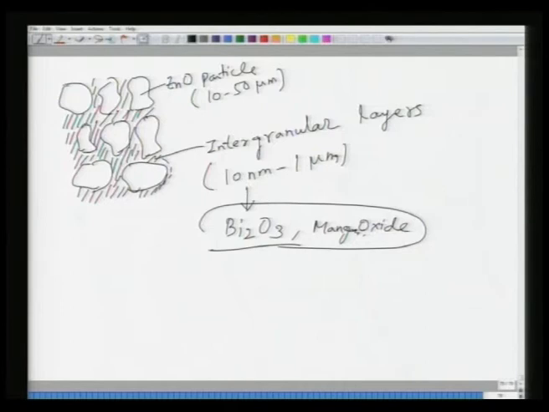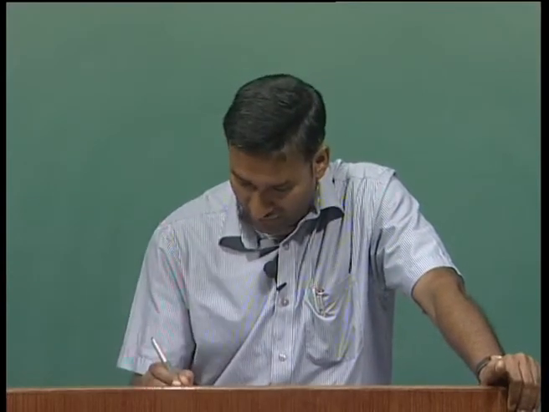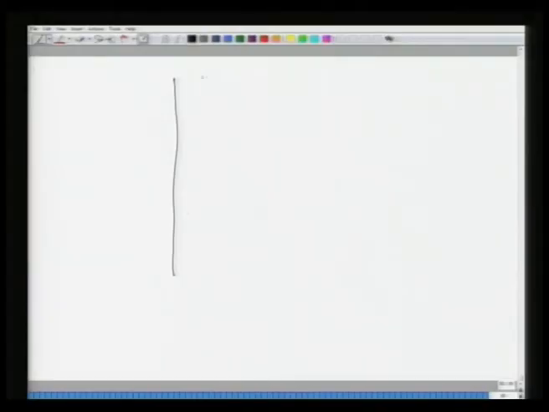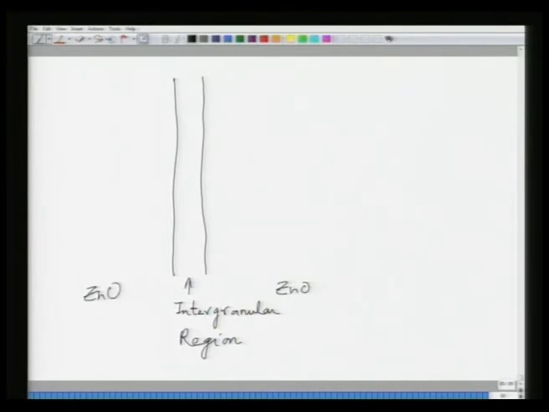and this band diagram is something like this. So, you have, in equilibrium, an intergranular region. Okay. So, this is your intergranular region. On either side you have a zinc oxide grain, so ZnO on either side.